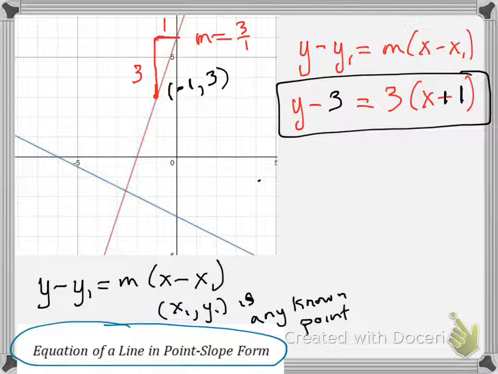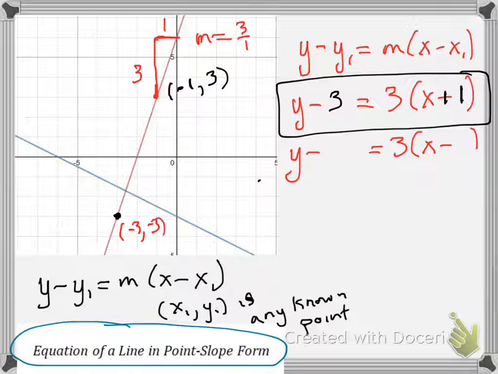And this equation could look slightly different if I had chosen a different point on that line. If I had chosen down here somewhere, my equation would be y minus y1, still 3, times x minus, and I could have taken this point down here, which is -3, -3, minus a -3.